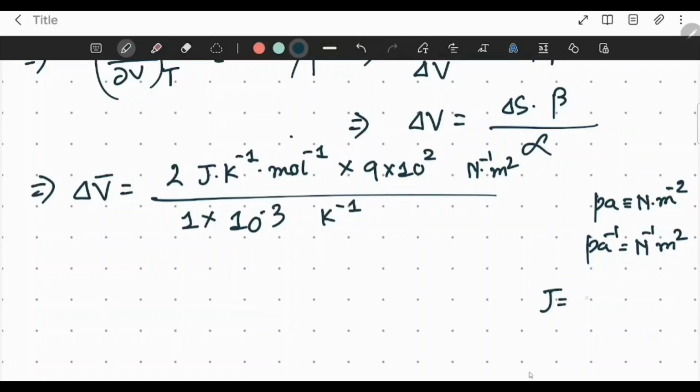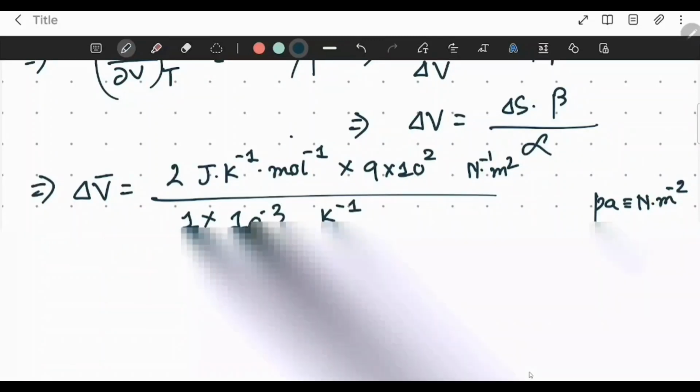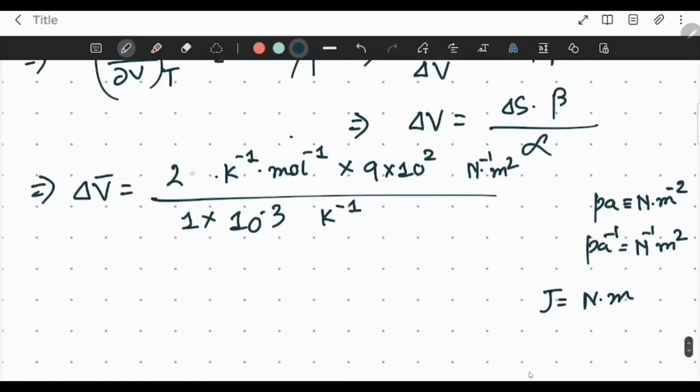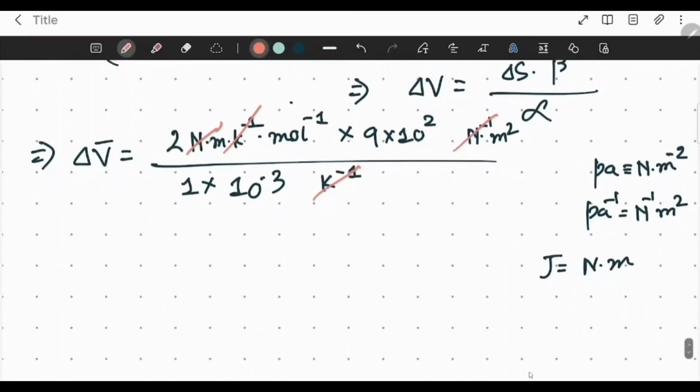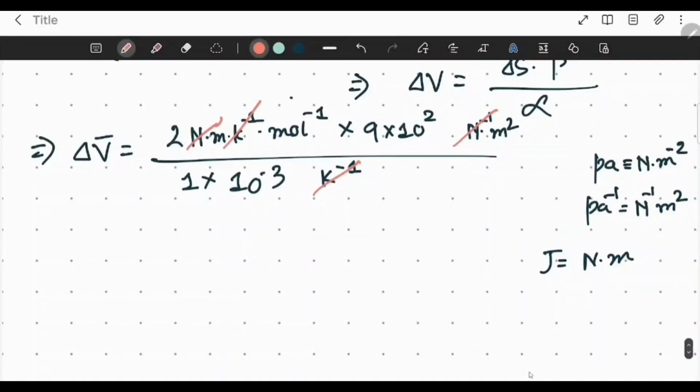And joule is Newton meter, which is Newton meter Kelvin inverse. So eventually Kelvin inverse will be cancelled, Newton will be cancelled. Okay, so it will be 18 into 10 to the power 5 meter cube mole inverse.